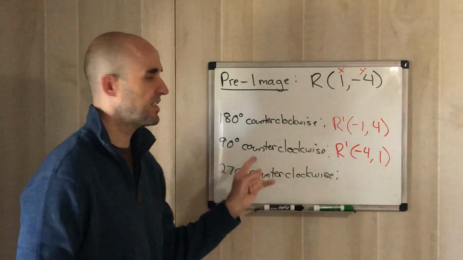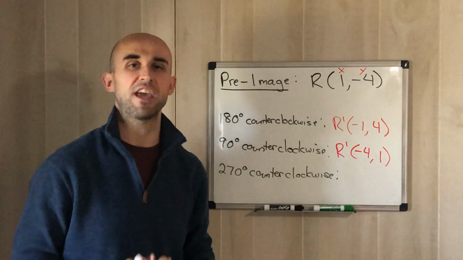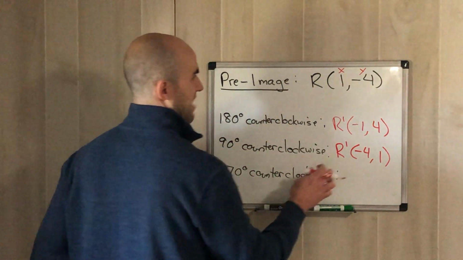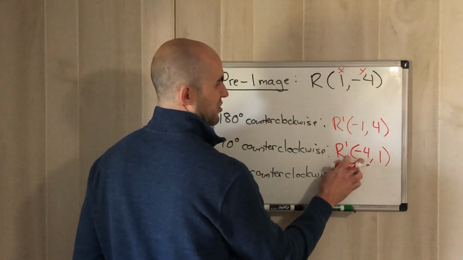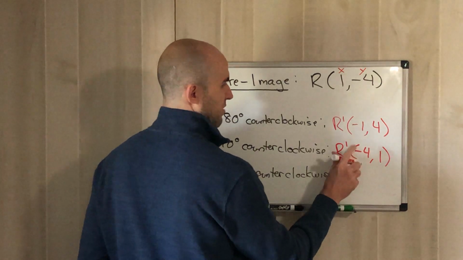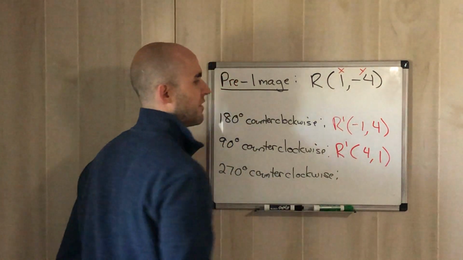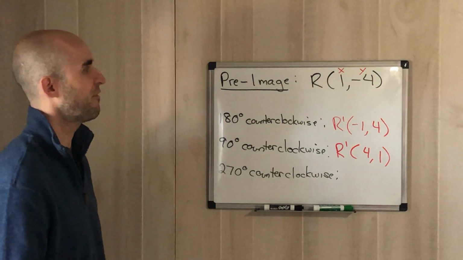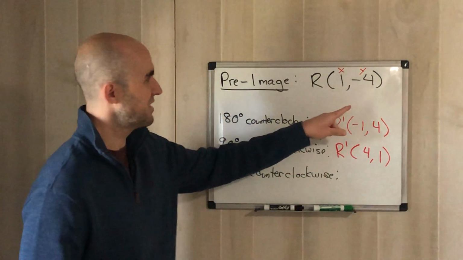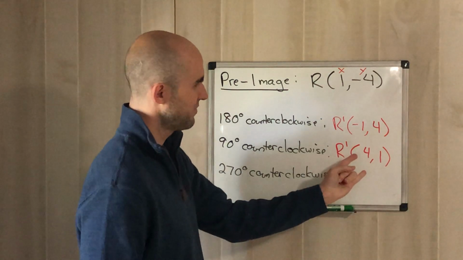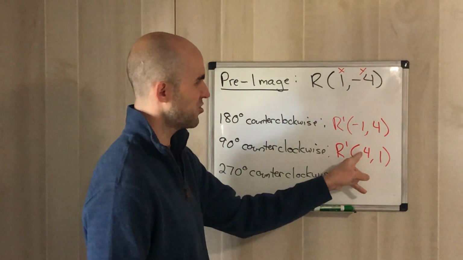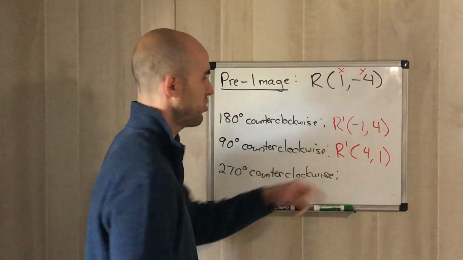And now, when it comes to 90 degrees counter, you always change the first term. Right now, we see that our first term is negative. So we're going to change it. The opposite of a negative becomes a positive. So instead of having negative 4, 1, it becomes 4, negative 1. Because we flipped them, and once we flip them, we change the first term. The 4 was negative, so we changed it to a positive.